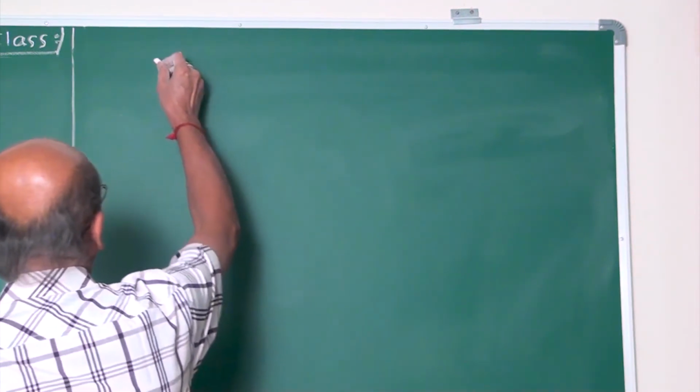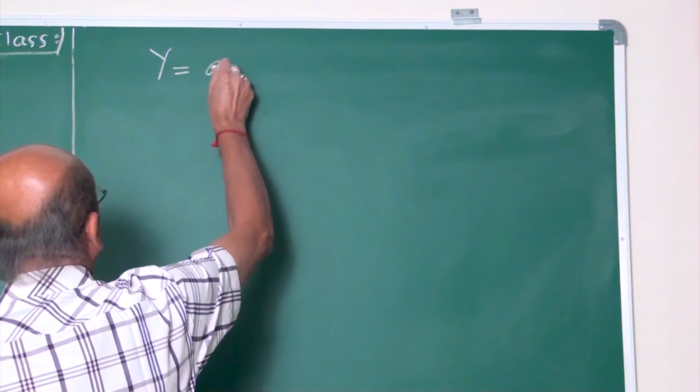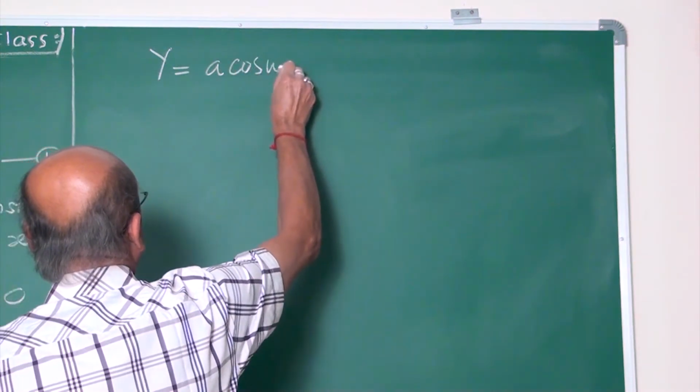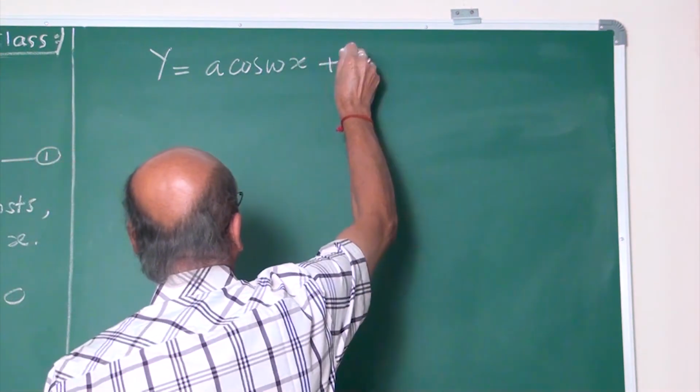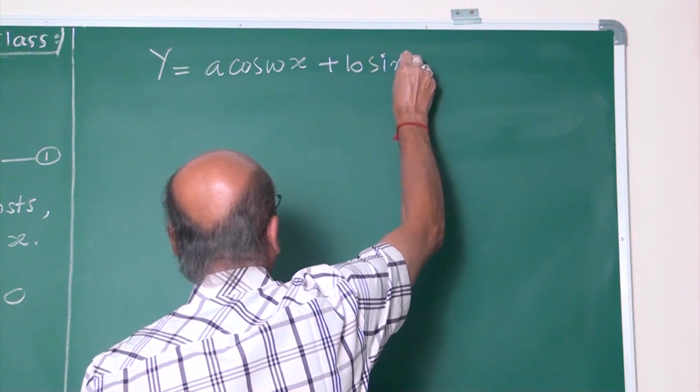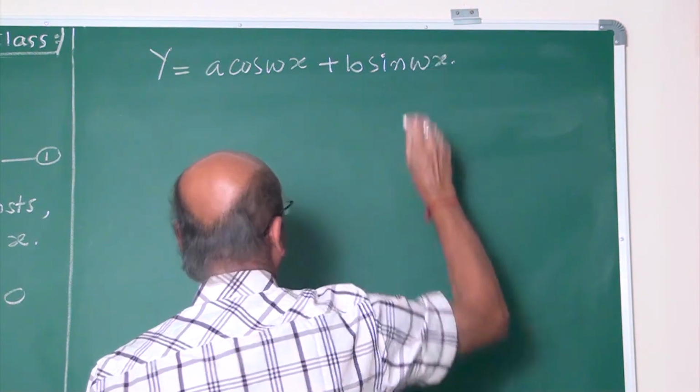y = a cos omega x + b sin omega x. This is the given equation.